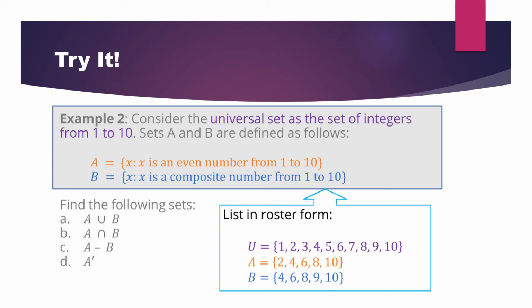What are the even numbers from 1 to 10? We have 2, 4, 6, 8, and 10. Set B is the composite numbers from 1 to 10. What are the composite numbers? Set B is equal to 4, 6, 8, 9, and 10.